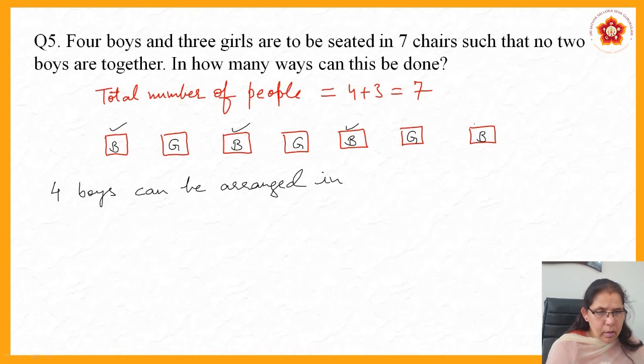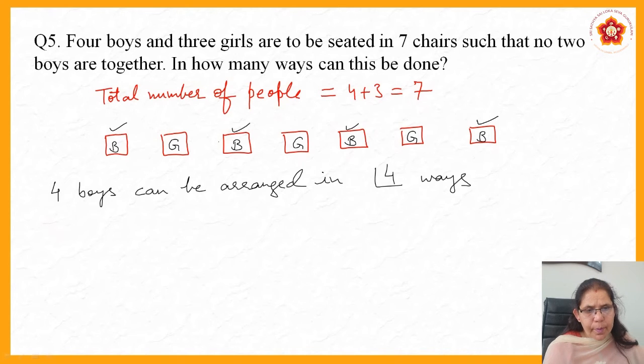We have got 4 chairs for the boys, so they can be arranged in factorial 4 ways. So you have already fixed the position of where the boys are going to sit. Now if you have fixed this position and you have left one chair vacant in between 2 boys, that is the chair which should be taken by the girls.